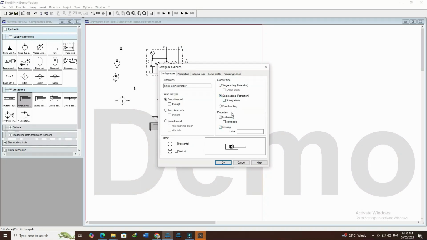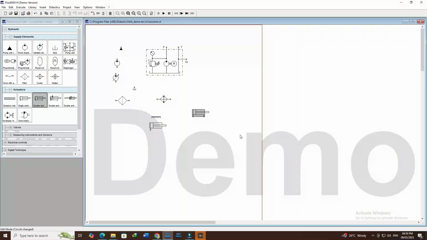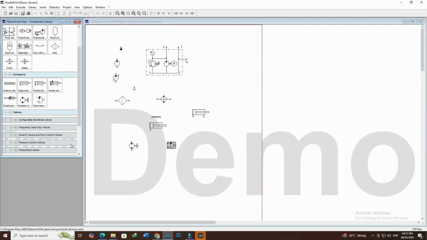For retraction we use gravitational force or spring force. Here we have double acting cylinders, that means actuators, including a double acting cylinder with rods on both sides. The other type is rotational actuators, which are also in the actuator part. That means hydraulic motors and semi-rotary hydraulic motors.